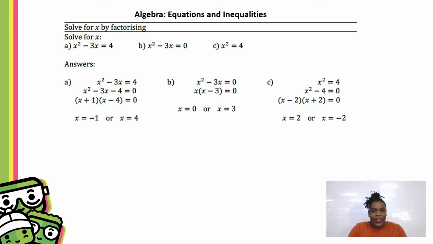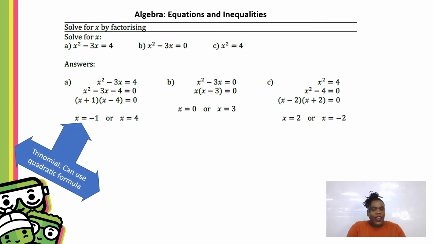The first one is a quadratic trinomial. And generally, to solve a quadratic trinomial, take everything to one side of the equation, equate it to 0, open up your two brackets if you're comfortable with that. If you're not comfortable factorizing a quadratic trinomial, use the quadratic formula that's on your formula sheet.